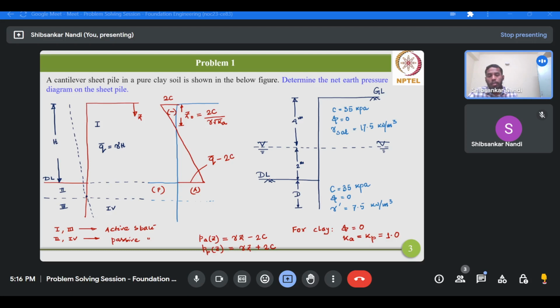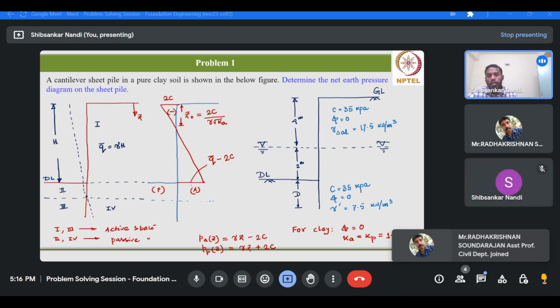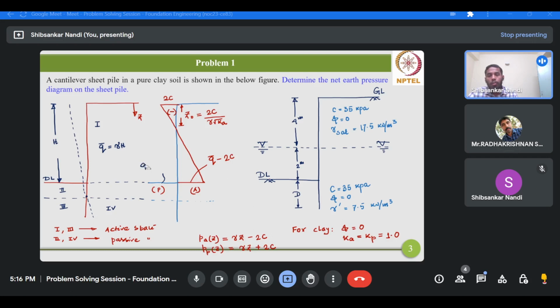Therefore this Z will be H at this level, and this Q bar will be gamma H, so gamma H minus 2C. And from the passive side, at the dredge level, in region 2, your Q bar will be 0.